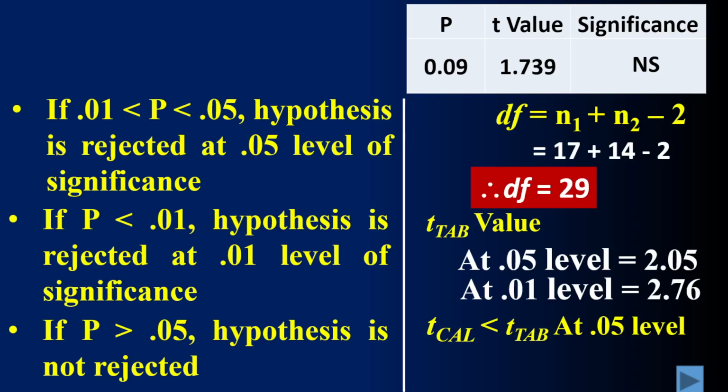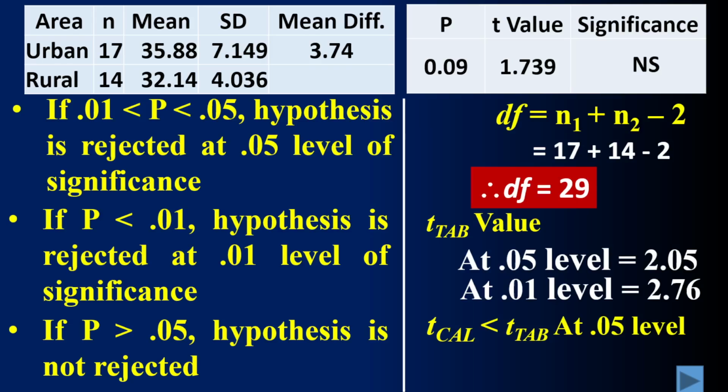Friends, by using these values we can check the hypothesis, but to put some other primary calculations in our research report, such values are also calculated and put in the research report. For that, mean, SD and mean difference are found.